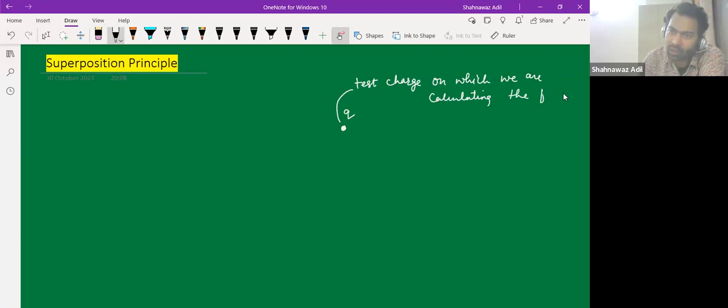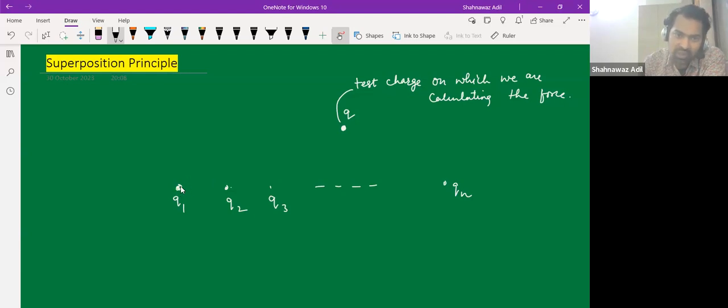Let's say this test charge is of magnitude q. In the previous case, we calculated Coulomb's law between two charges. Now, we are calculating the Coulomb force on this charge due to, let's say, Q1, Q2, Q3, and up to Qn. So we are calculating the force on this test charge due to Q1, Q2, Q3, Qn. That is when we will need this superposition principle.